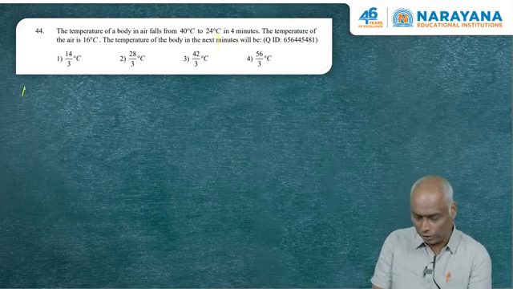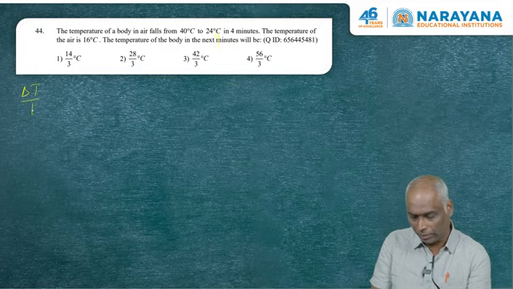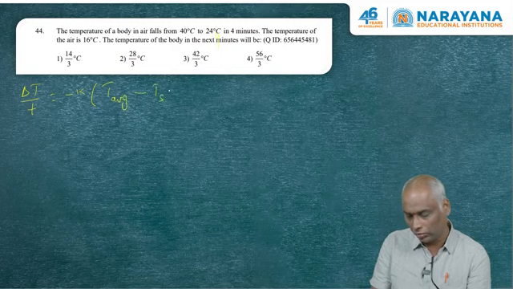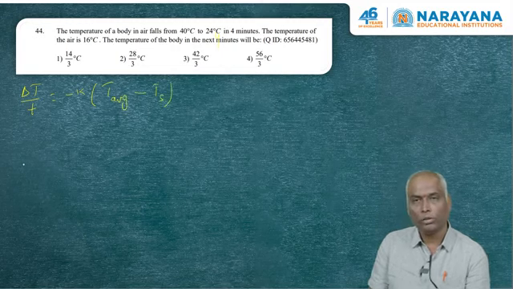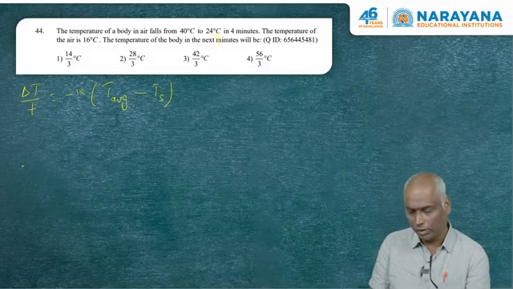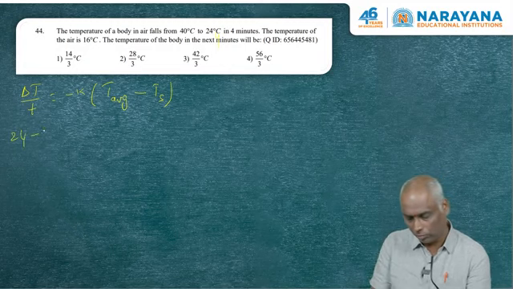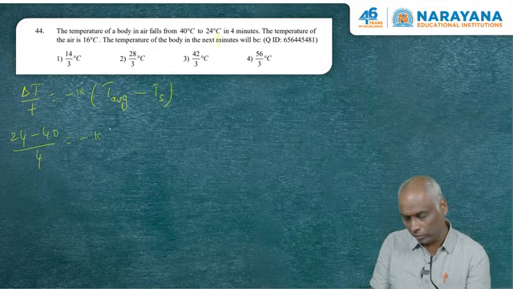According to Newton's law of cooling, delta T divided by time taken should be equal to minus K into the average temperature minus the temperature of the surroundings. When I take the first 4 minutes, the temperature changes from 40 to 24 degrees centigrade. So (24 minus 40) divided by 4 is equal to minus K into the average temperature, 24 plus 40 divided by 2, minus the surroundings temperature, 16.